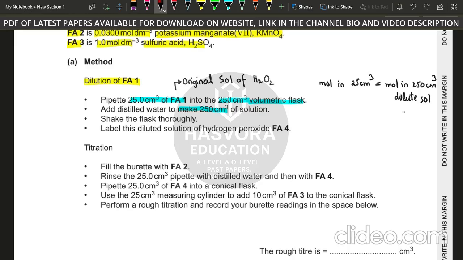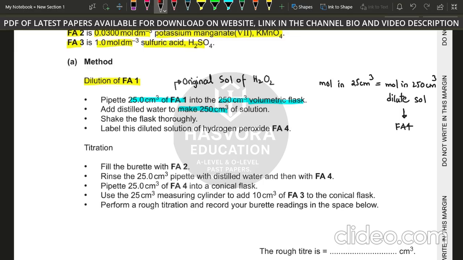So now the name of this diluted solution is Fa4. Let me just correct this a little bit so that you can clearly read it. This is dilute solution, and the name of this is Fa4.